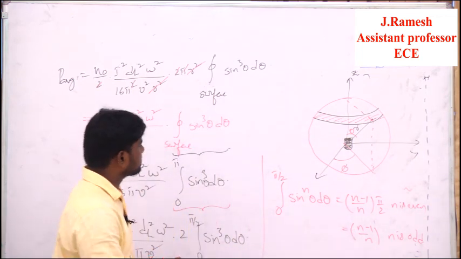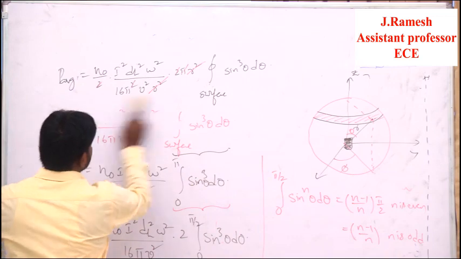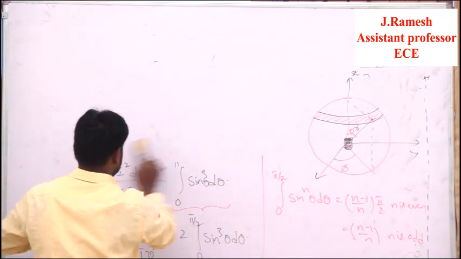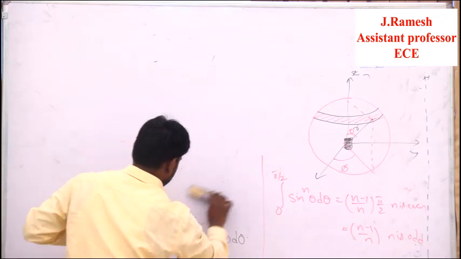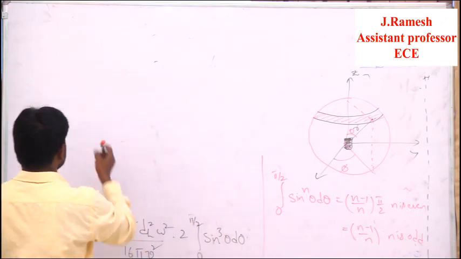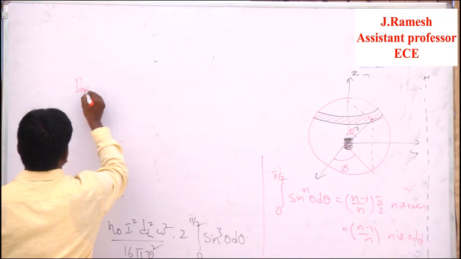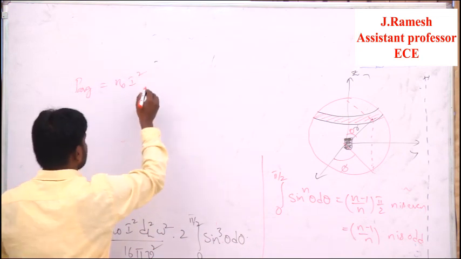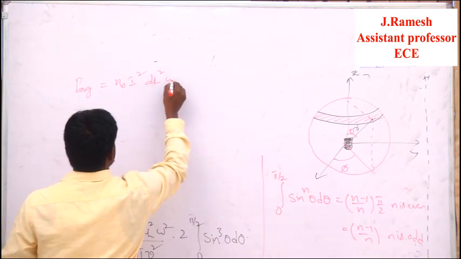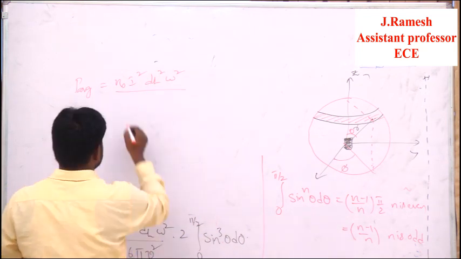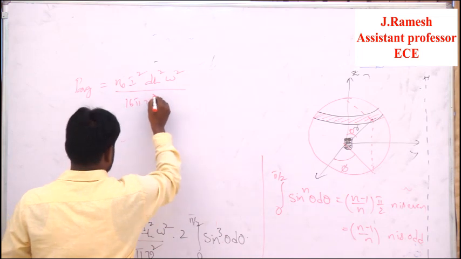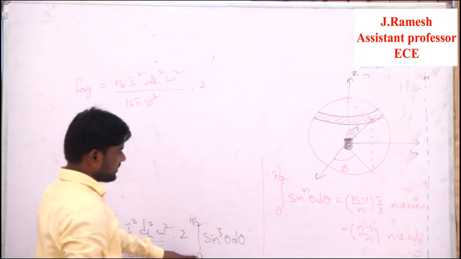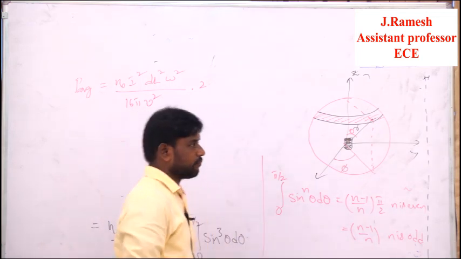So now what is the answer from this? I can simply write my expression. P average is equal to η₀ I² dl² ω² / (16π v²) into 2 into this answer, which will be (n−1)/n only.